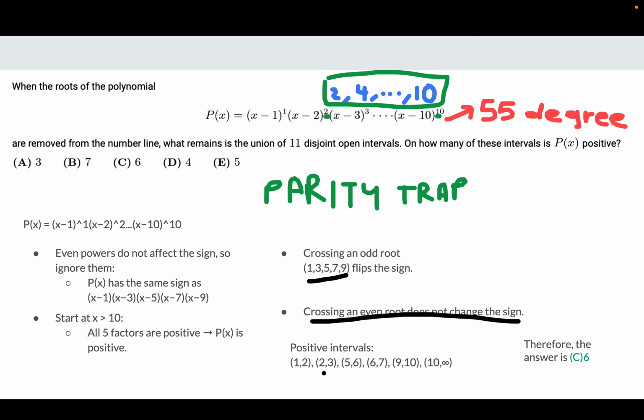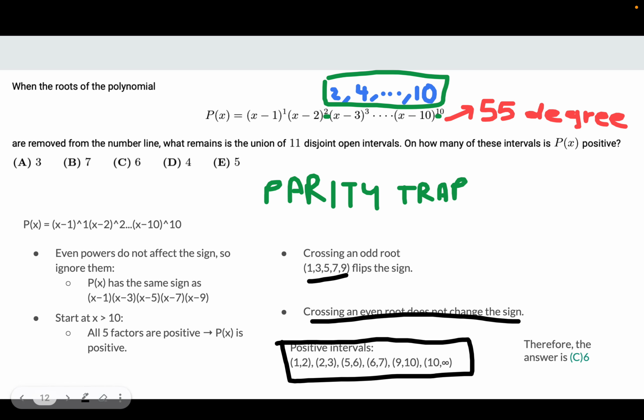And therefore, we can create the answer from just knowing these simple facts. Remember, flipping signs is a big one, and basically, you will slide right into the answer.